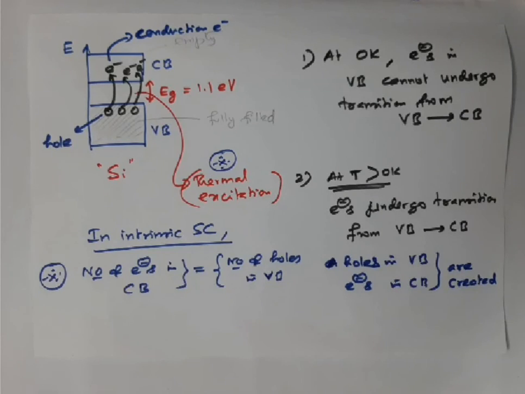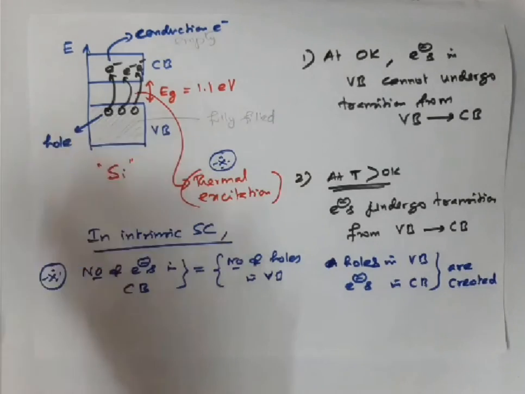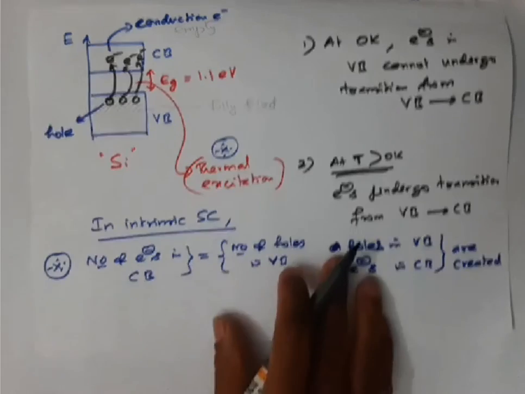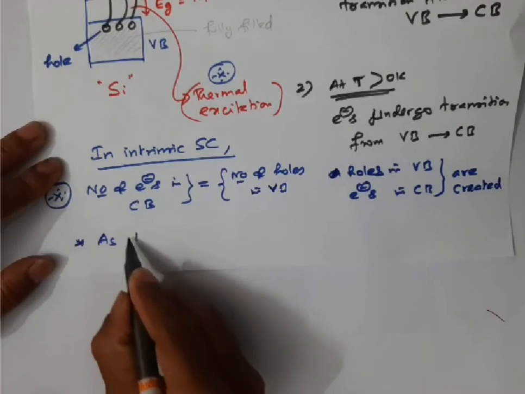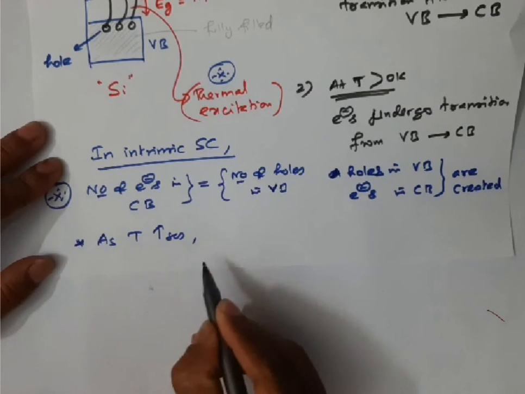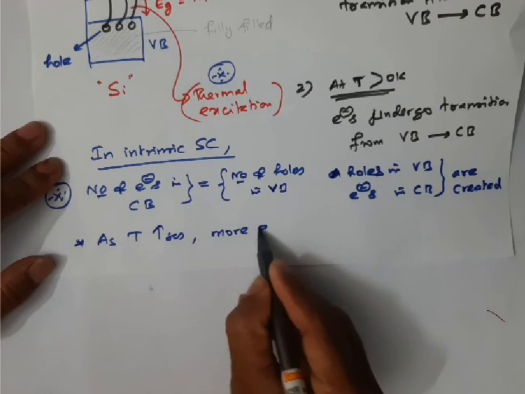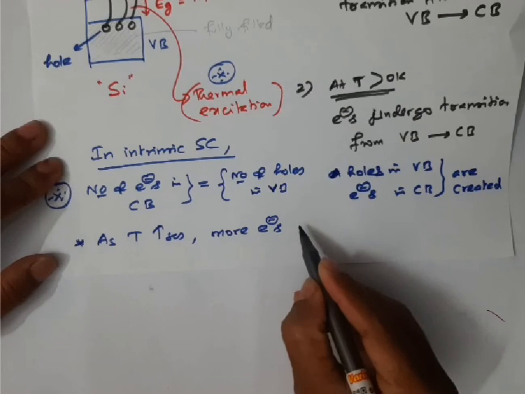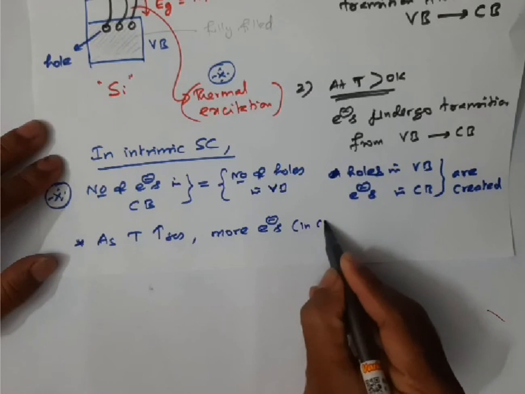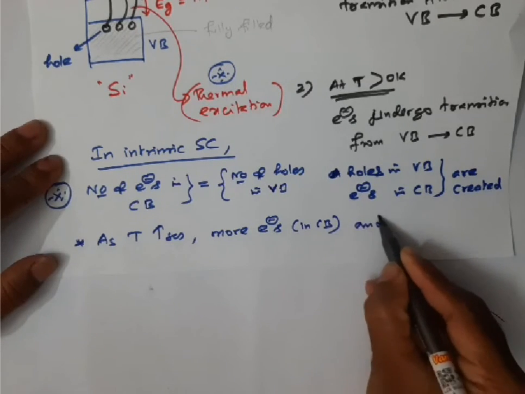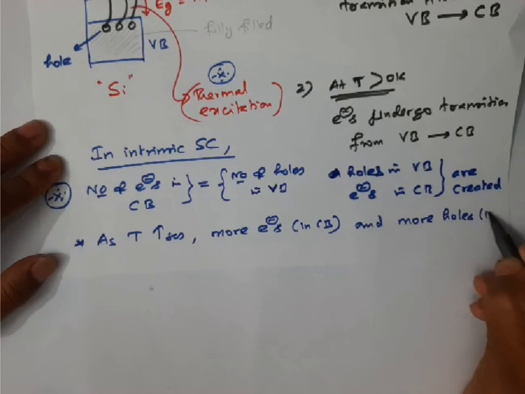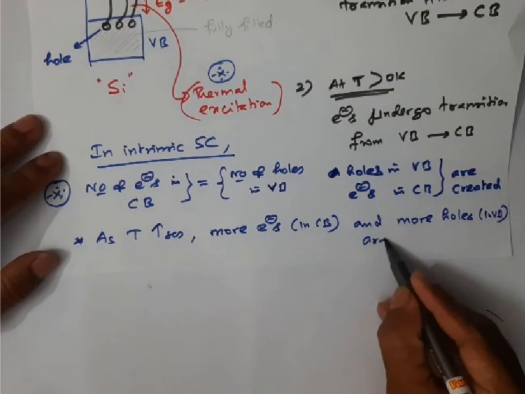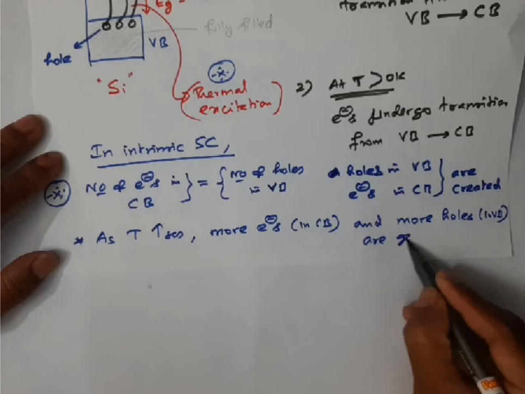As temperature increases, you will get more electrons and more holes. As temperature increases, more electrons in conduction band and more holes in valence band are created or generated.